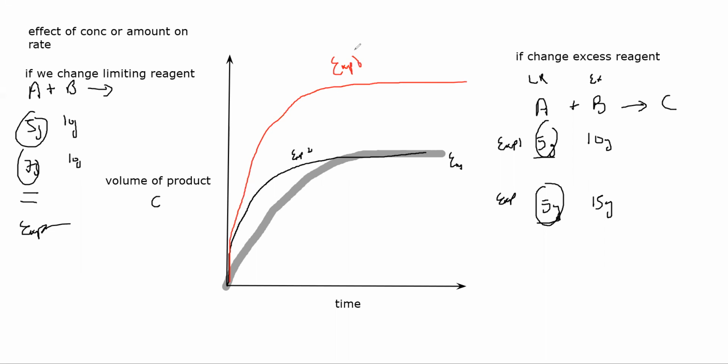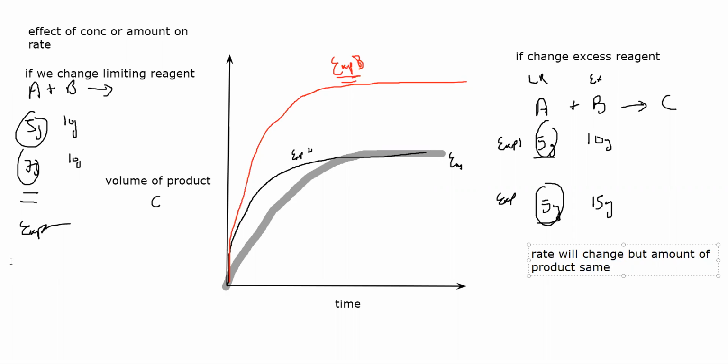Is the concept clear, how the rate of a reaction is affected by changing the concentration? But it depends on which concentration or amount we are changing. If we change the excess reagent, the rate will change, but the amount of product will be constant or the same.